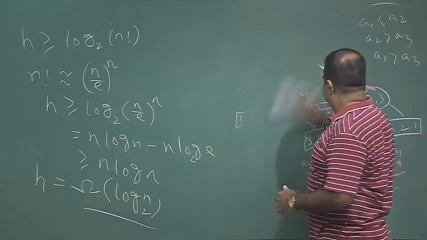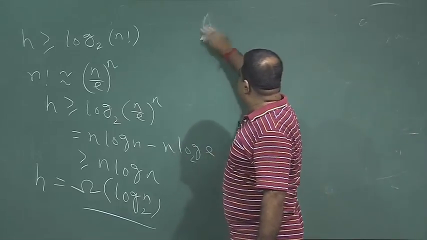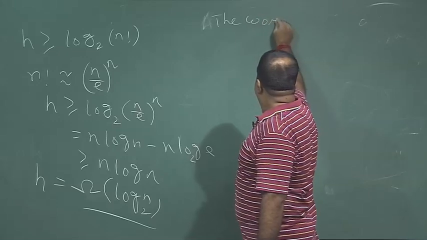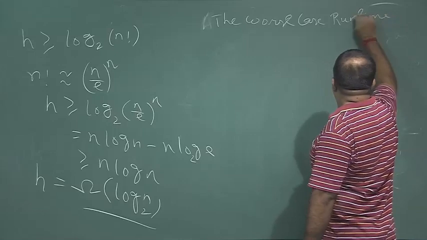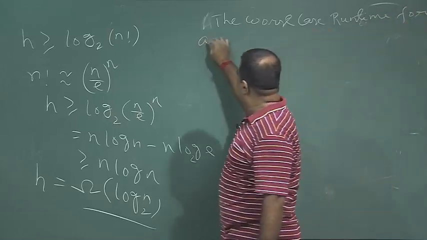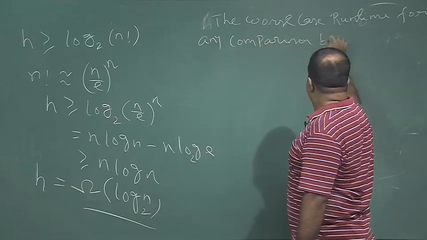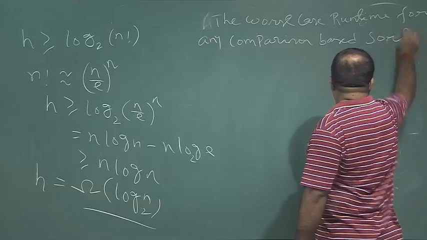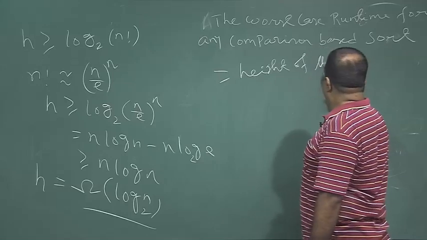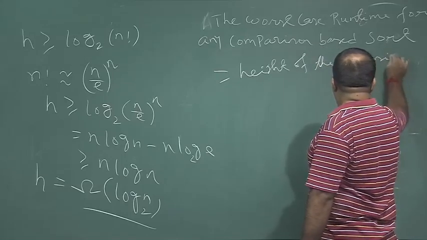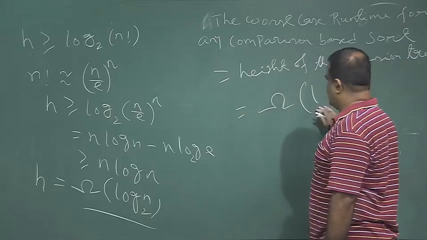So, the worst case runtime for any comparison based sort is equal to the height of the decision tree, which is omega of n log n.